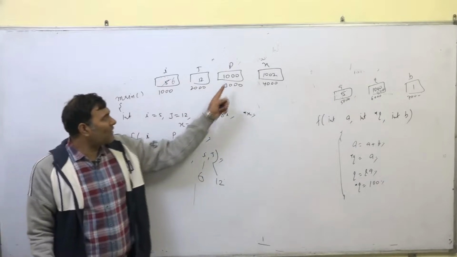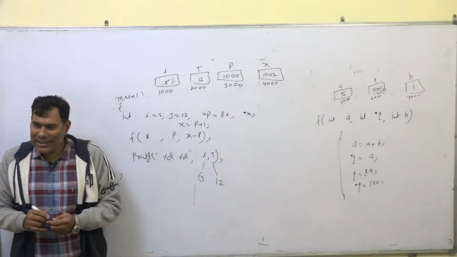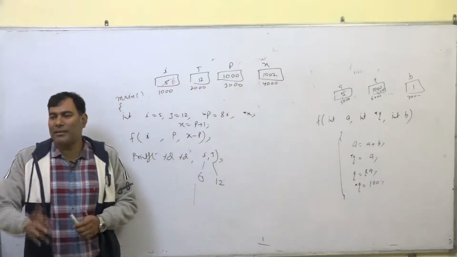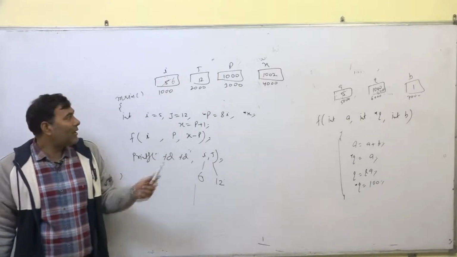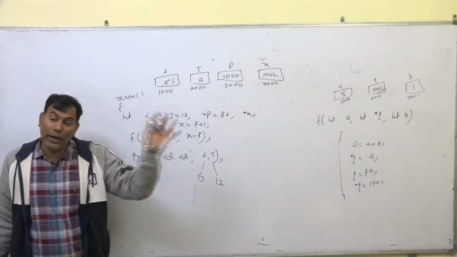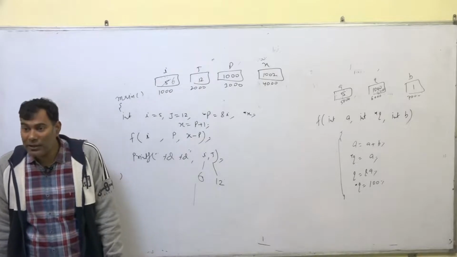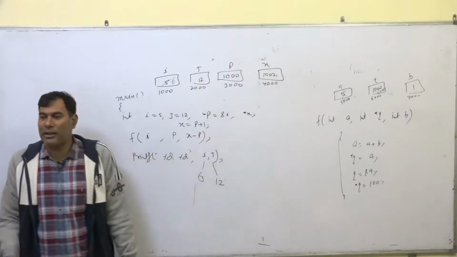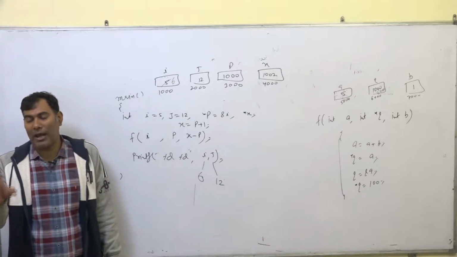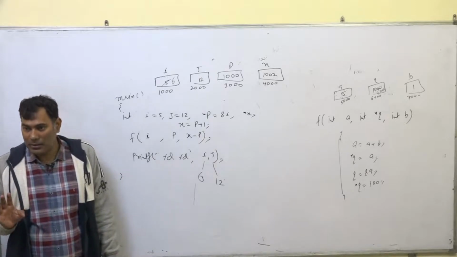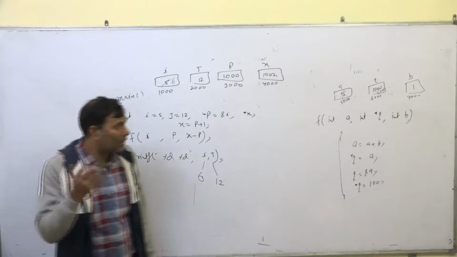P. P means what? 1000. You are sending 1000. 1000 is what? Address. Address of normal variable. So who can hold address of normal variable? Single pointer. So there must be single pointer there. If you are not going to write, it can give you error, compiler error. ठीक है? रन तो देखें compiler नहीं error मारते.